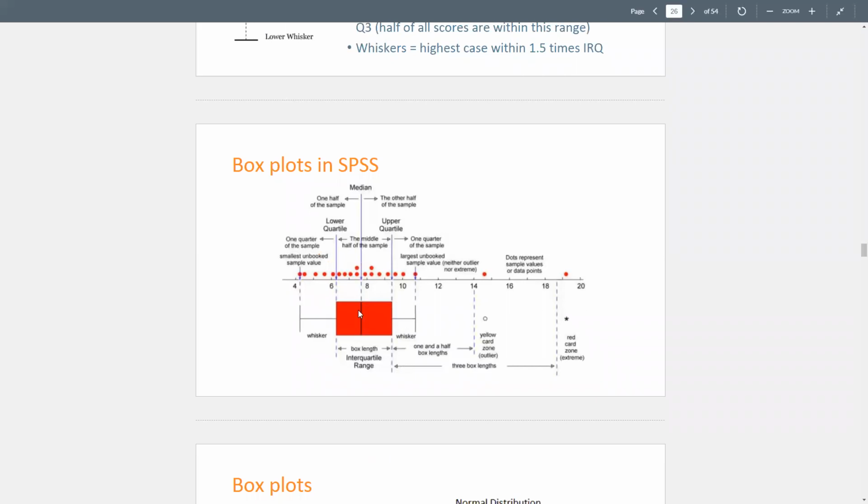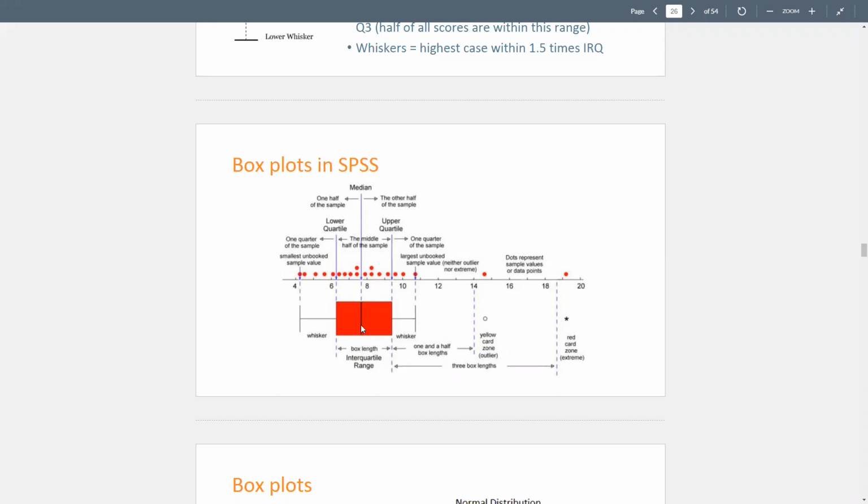Here's a diagram of how SPSS defines the box plot, so you can see what it's representing. The red dots here are the actual data points. The median is represented with a solid black line.